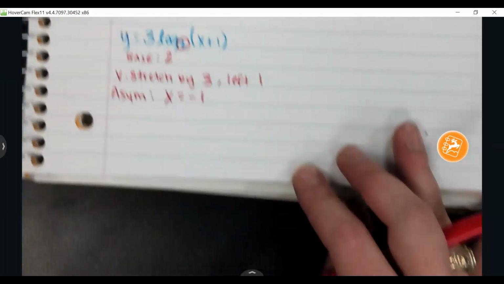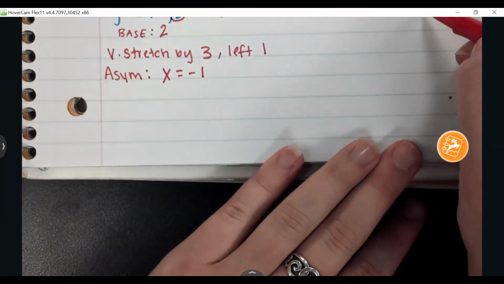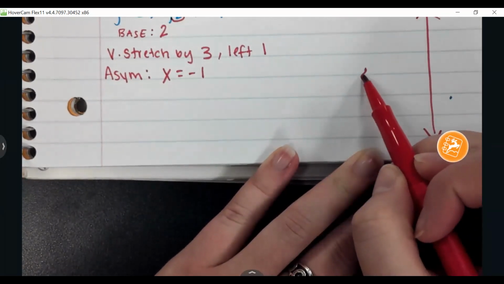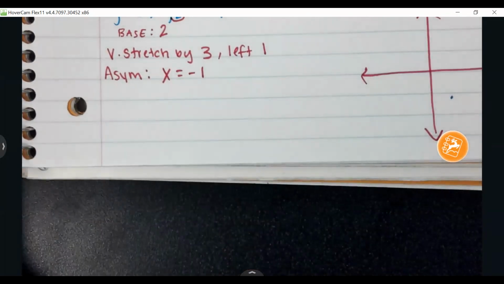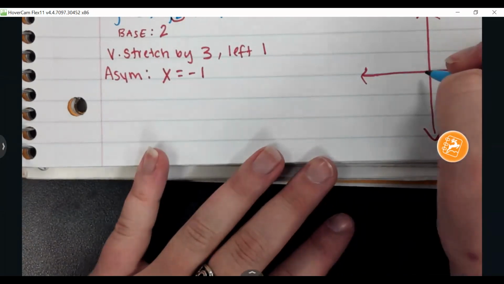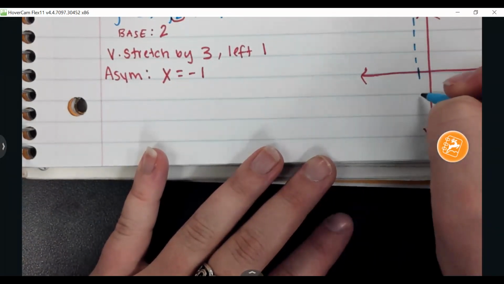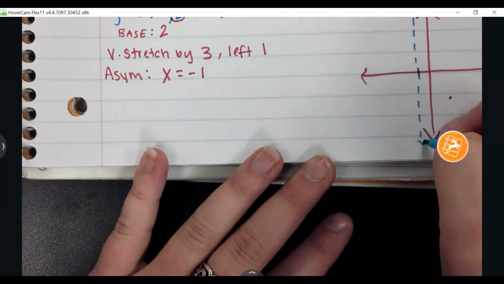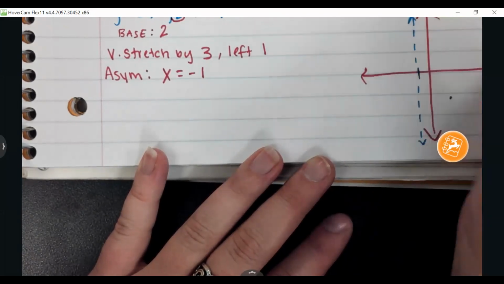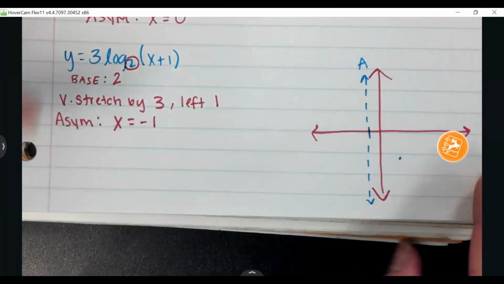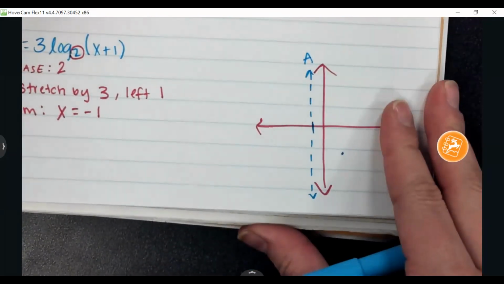Now, yesterday we talked about this, and we said the very first thing you put on that graph is your asymptote. So I'm just going to sketch. It's not going to be pretty. That's okay. Cuts the x-axis at -1. There's my asymptote. Is that better? All right.